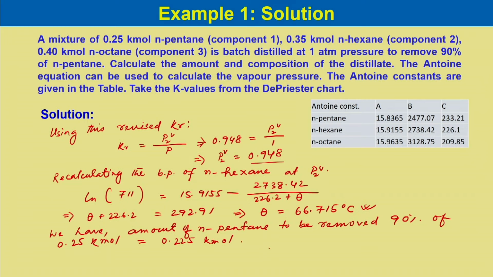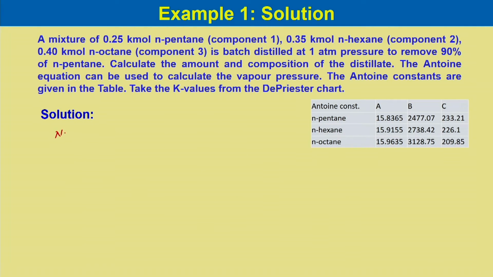So, the amount of pentane that remains is 0.025 kilomole. Now, at 66.715 degrees centigrade, we can calculate the vapor pressure for component 1 and component 3, that is pentane and n-octane.